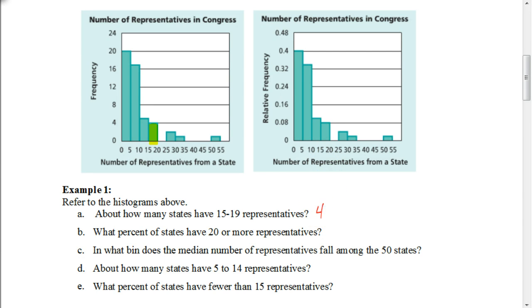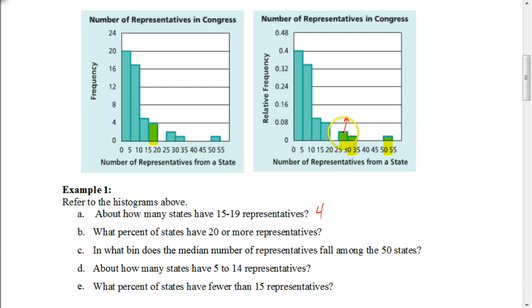Then it says, what percent of states have 20 or more representatives? It's asking for a percent, so we're going to use our relative frequency for that. And we're looking for what percent of states have 20 or more representatives. For that, we're going to be looking at these 3 bars, and we're just going to have to do some estimating here. Let's estimate this one.